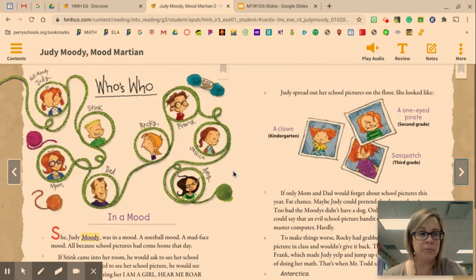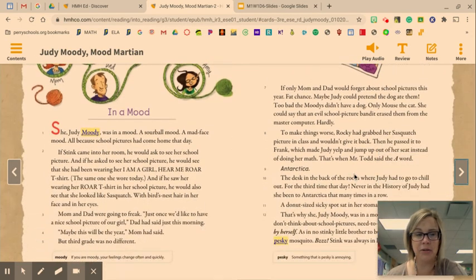All right, so who's who? In a mood. She, Judy Moody, was in a mood, a sour ball mood, a mad face mood, all because school pictures had come home that day. If Steve came into her room, he would ask to see her school picture. And if he asked to see her school picture, he would see that she was wearing her "I'm a Girl, Hear Me Roar" t-shirt, the same one she wore today.